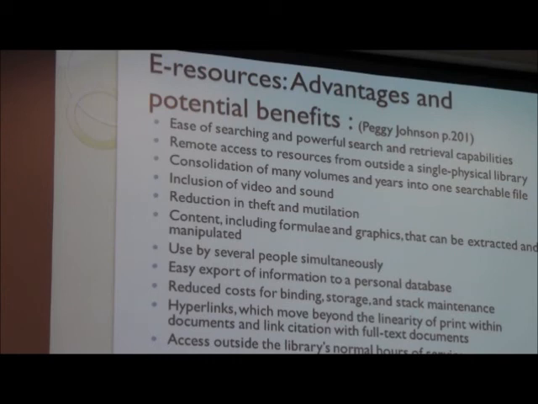And the content, including formulae and graphics, can be extracted and manipulated, used by several people simultaneously, and easy export of information to a personal database, reduced cost for binding, storage, and staff maintenance.